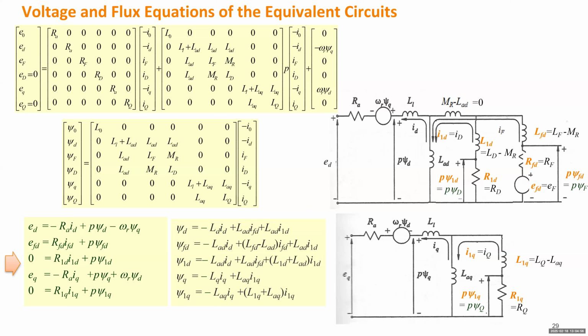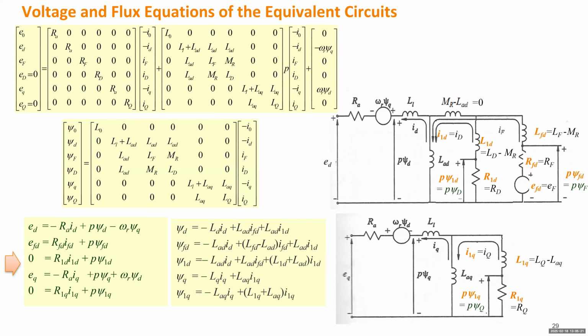For instance, we ignore the zero sequence flux linkage and voltage because for most balanced conditions, psi 0 and E0 will be 0. So we only focus on the d-q voltage equations and the d-q flux linkage equations. So for instance, we pick the second equation about psi d.